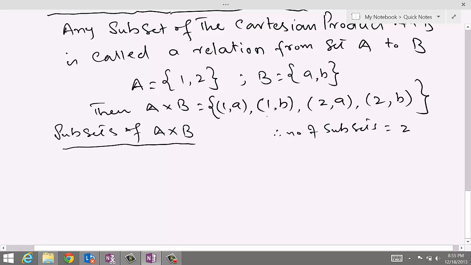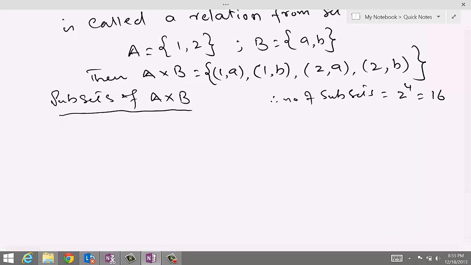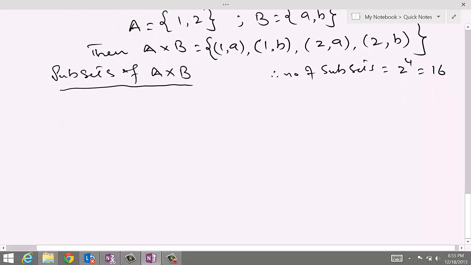In this, 1, 2, 3, 4, there are 4 pairs, so 2 power 4, that is equal to 16. So there are going to be 16 subsets of this set A cross B. We are not going to list all of them, but we'll try as many as we can. So let's start writing those relations.